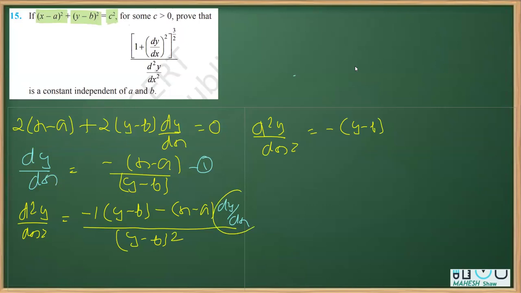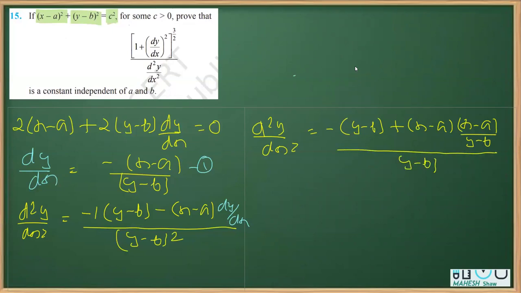And I'm going to replace this dy by dx with its value. So there is a minus, and this minus will make it plus. So that's going to be plus (x minus a) multiplied by the value of dy by dx, which is (x minus a) over (y minus b), and that whole divided by (y minus b) the whole square.